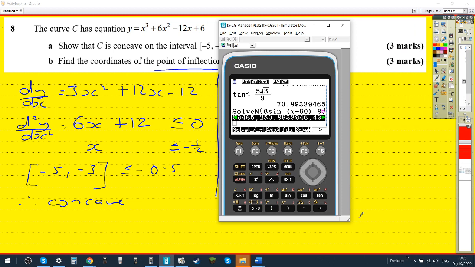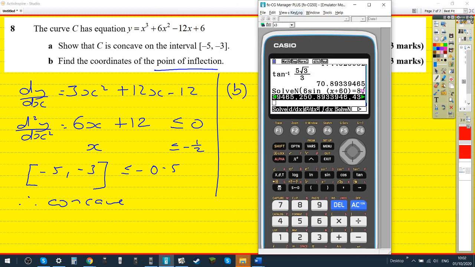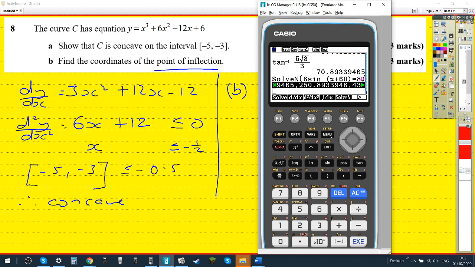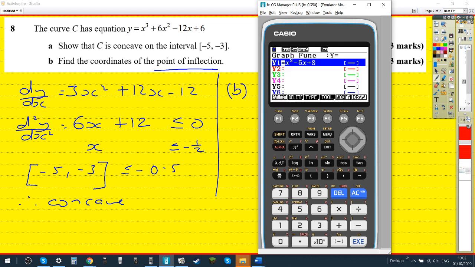So the point of inflection is, so is the point of inflection usually near y equals 0? No, I'm not sure. It is when dy/dx equals 0 for stationary points in general.